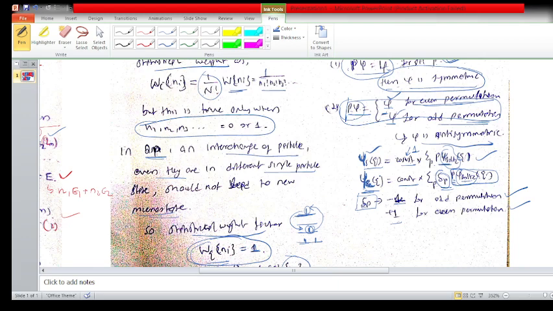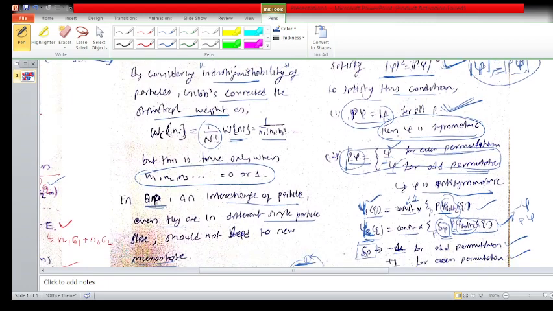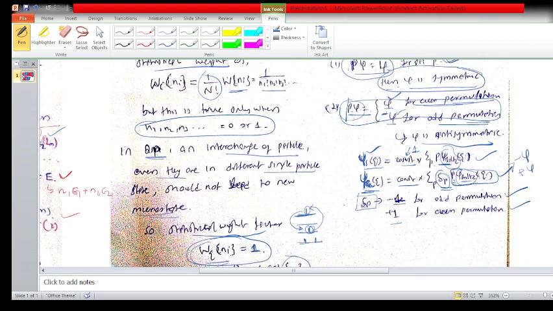If after this operation we get minus psi, then it corresponds to an odd permutation. If it gives plus psi, it is an even permutation operation. So if you apply the permutation to an antisymmetric wave function, it can give you plus as well as minus values. But for a symmetric wave function it will always give you a positive value, p psi will always equal psi, there will not be any change.